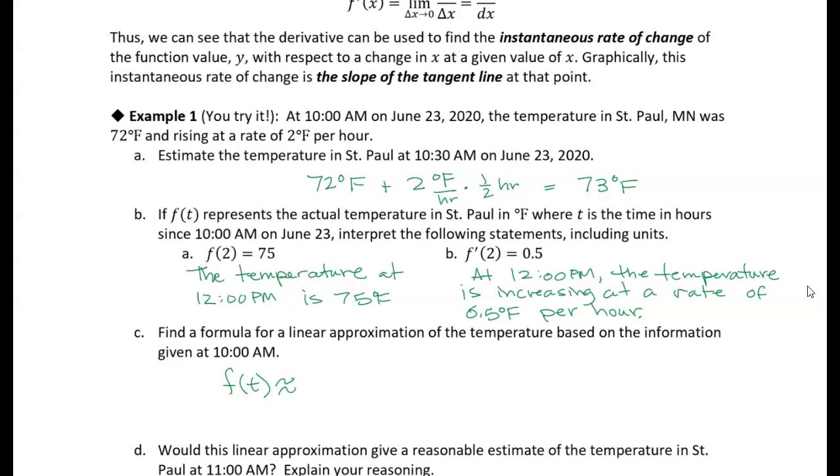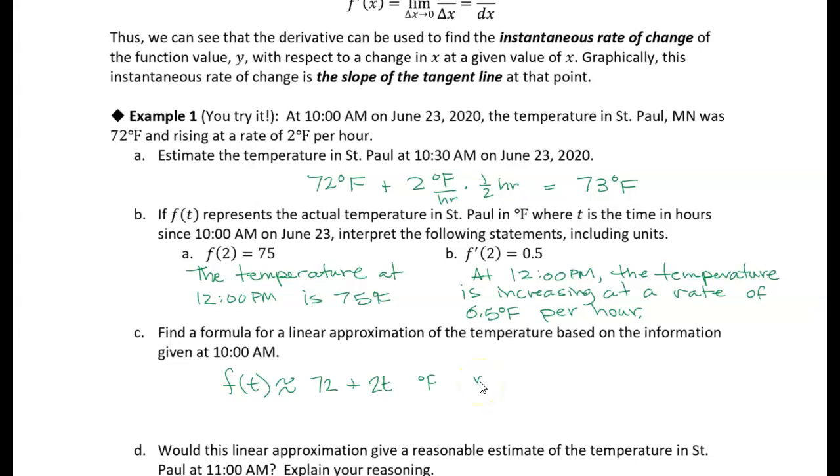I'm going to say it's approximately equal to 72 degrees Fahrenheit, plus, and it's rising at 2 degrees per hour. So if we take 2 times the time, then we'll get the temperature at that time. So our result will be in degrees Fahrenheit.